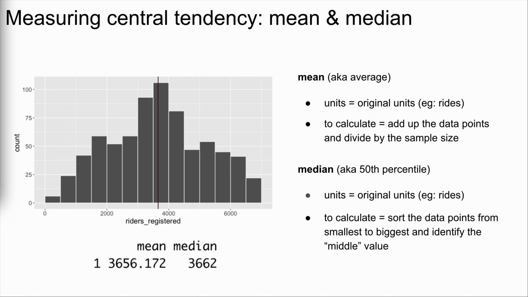And similarly, the median of ridership was 3,662 rides per day. Now, as a consequence of the roughly symmetric nature in the ridership data, the mean and median values here are quite similar. Essentially, there's no skew in our data points that pulls the mean away from the median. This won't always be the case.